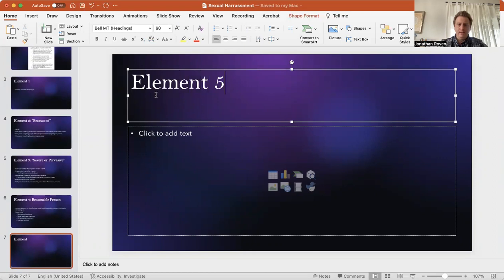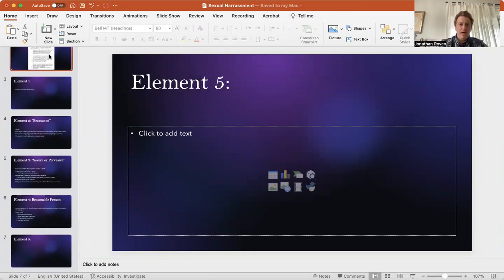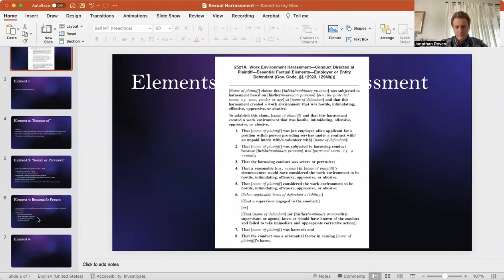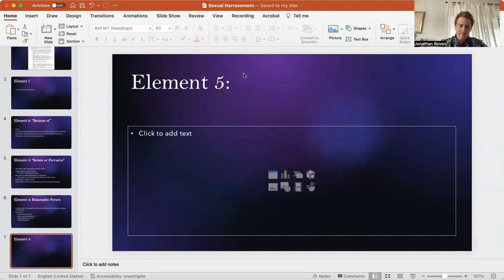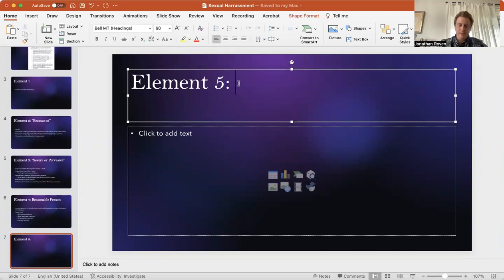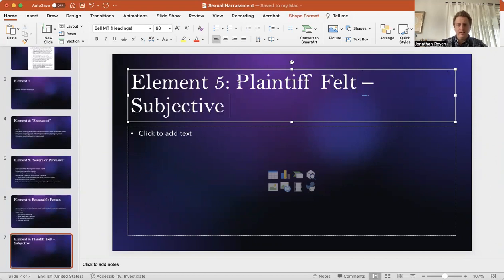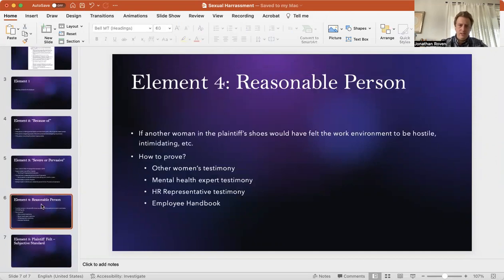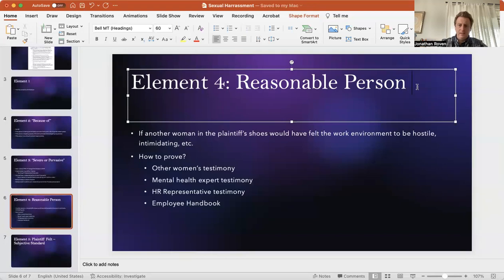All right, so element 5 is that the plaintiff felt. So this is the subjective standard, and this is the objective standard.